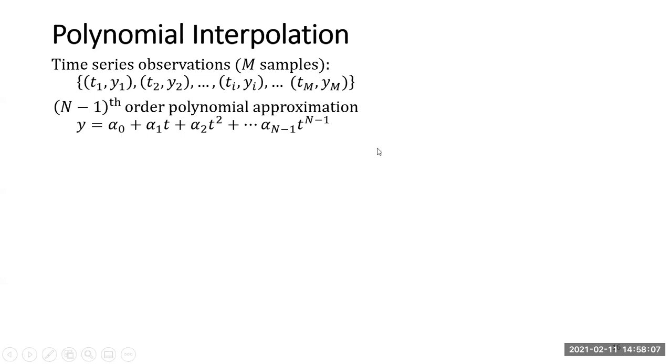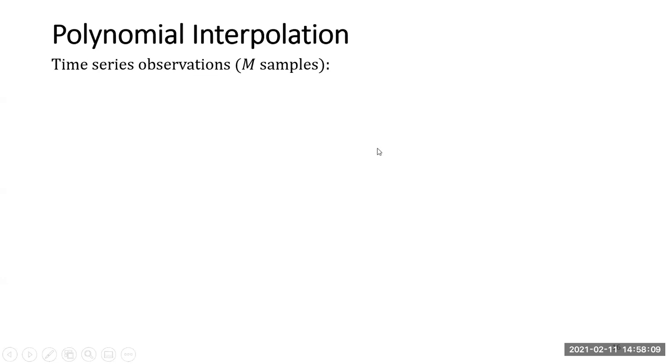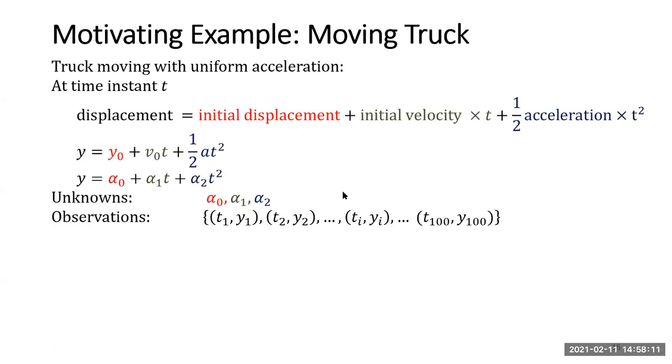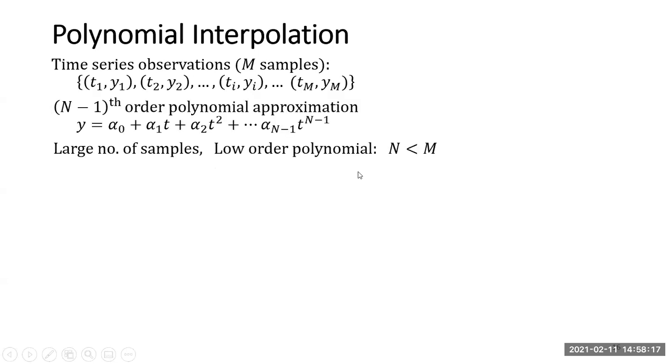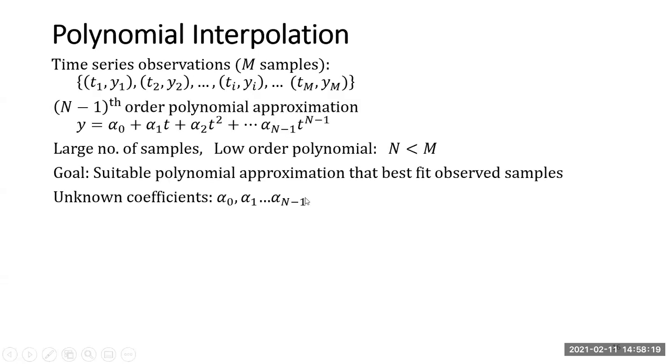We had a quadratic, right? So we had t to the n minus 1 in general.